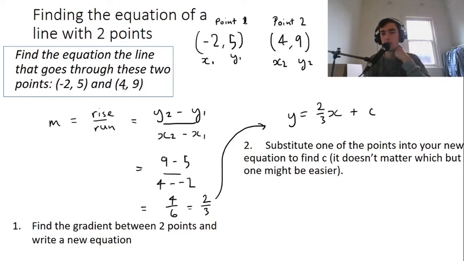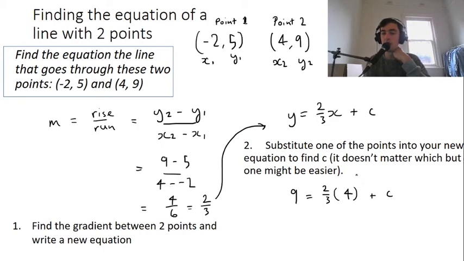Alright, so let's substitute this point in. So instead of x, we're going to write 4, and instead of y, we're going to write 9. 9 equals 2/3, and we'll write some brackets, 4 plus c.